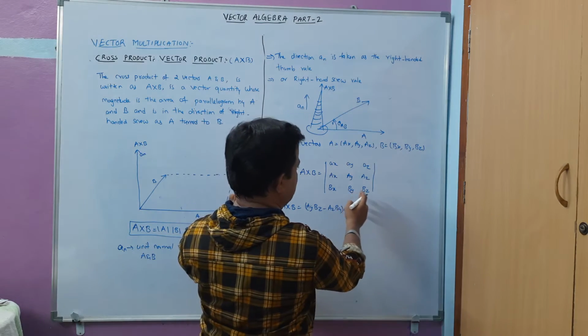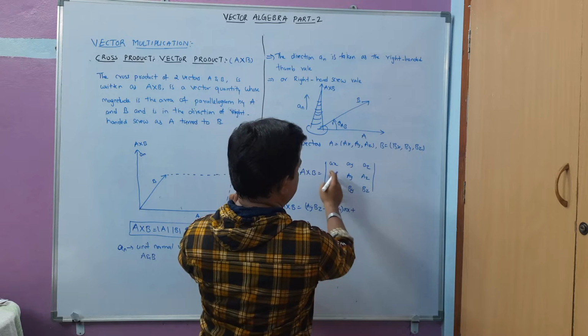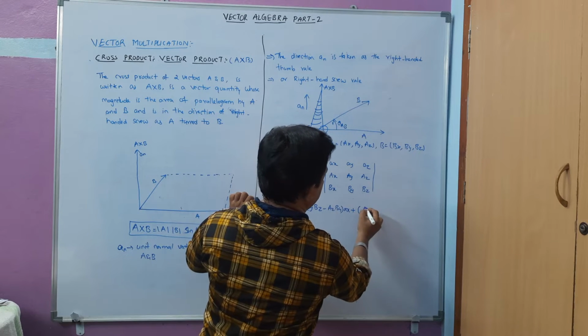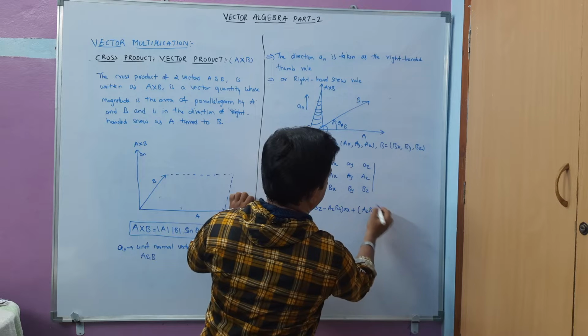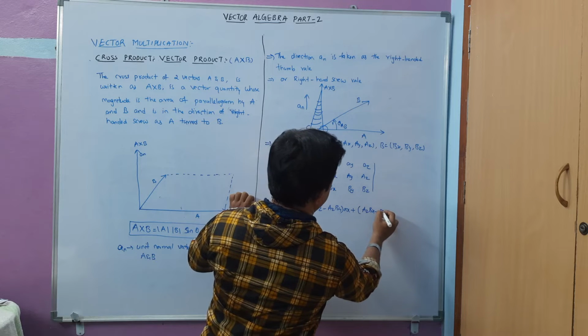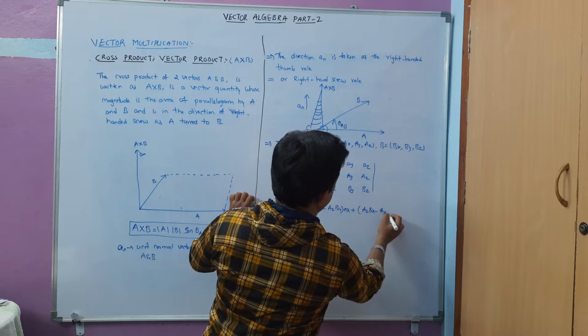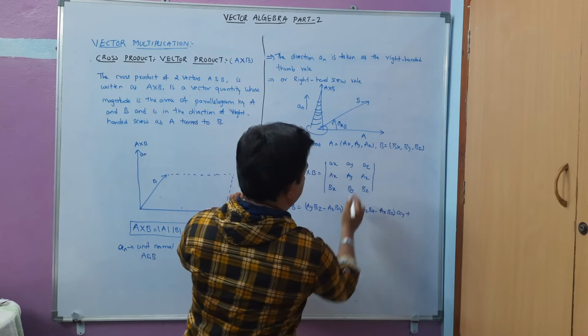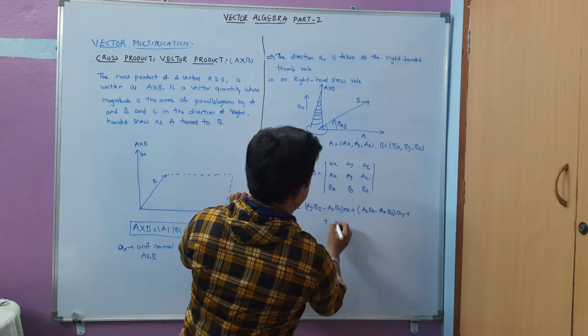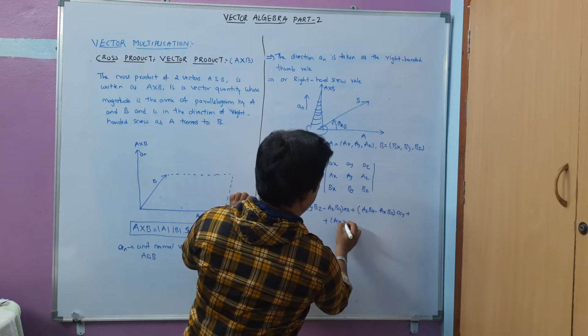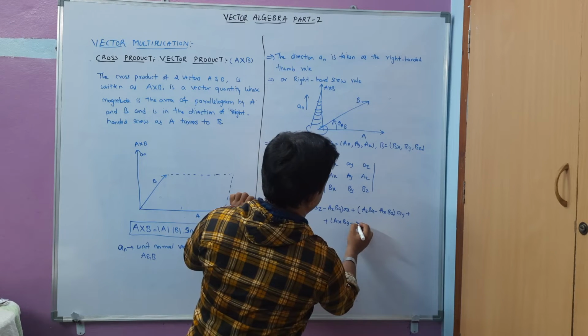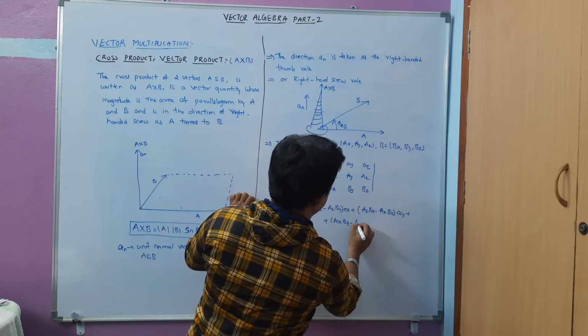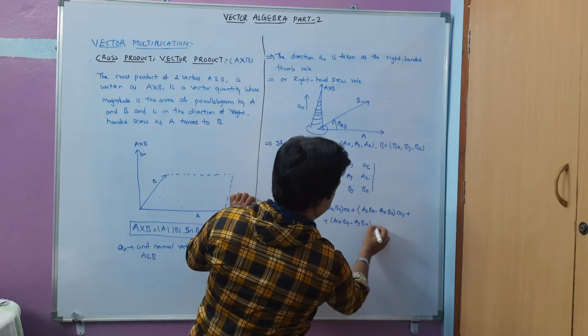Why? Because instead of taking this one, I will take AZ BX minus AX BZ into AY, plus next AX BY minus AY BX into AZ.